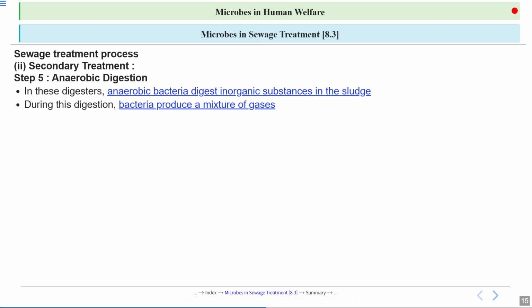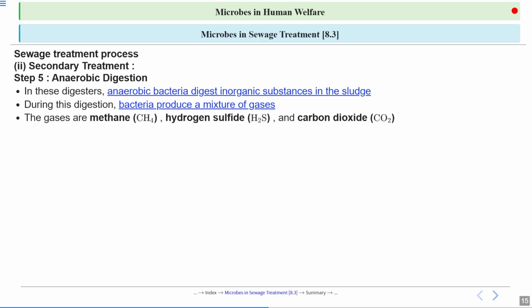This gas is rich in methane. So biogas is produced. Clear? What is the main component of biogas? It is methane. The bacteria produce a mixture of gases here, such as methane, hydrogen sulfide, and carbon dioxide. These are the components of biogas. Biogas is used as fuel. It can be used for cooking, for lighting, and for electricity generation as well.